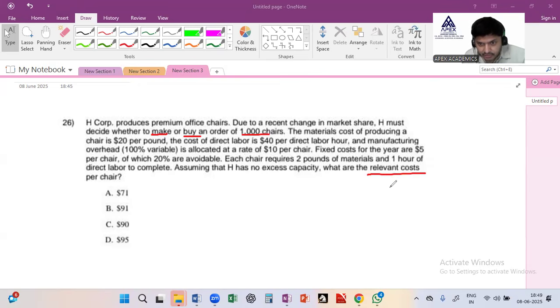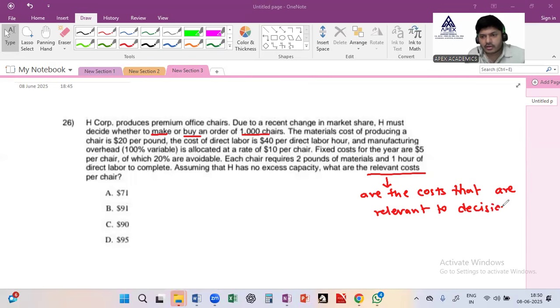Now, please understand the concept of relevant costs: they are the costs that are relevant to decision making. Please try to understand what costs are relevant to decision making.